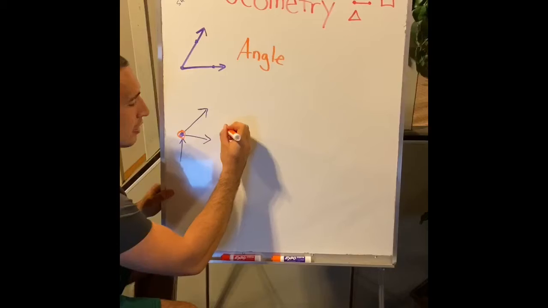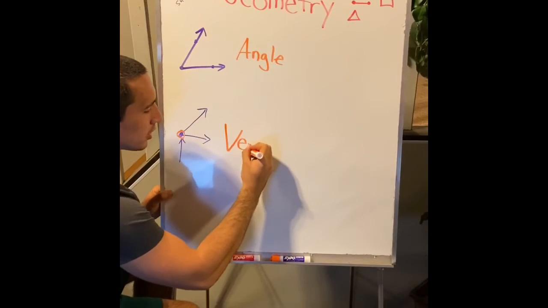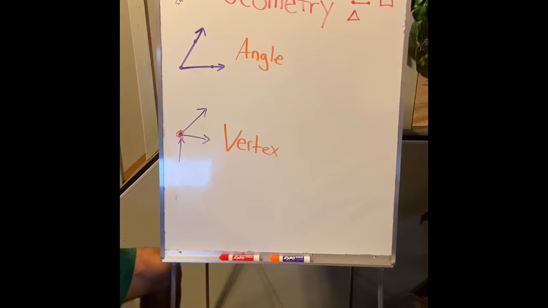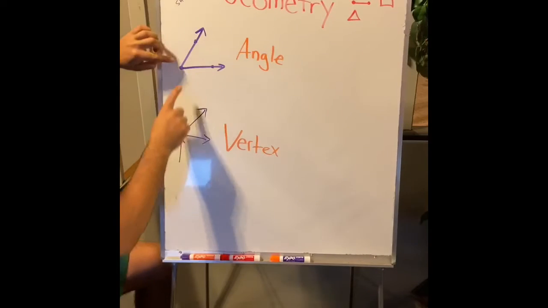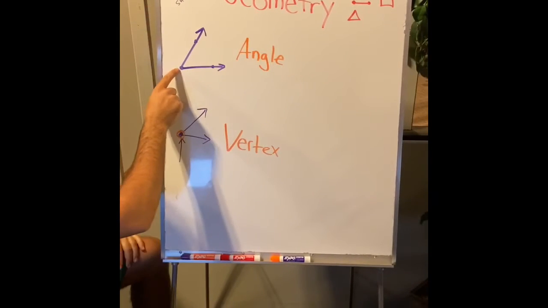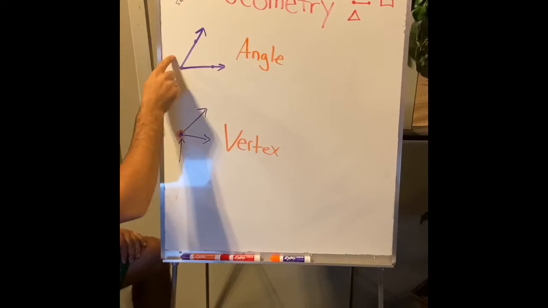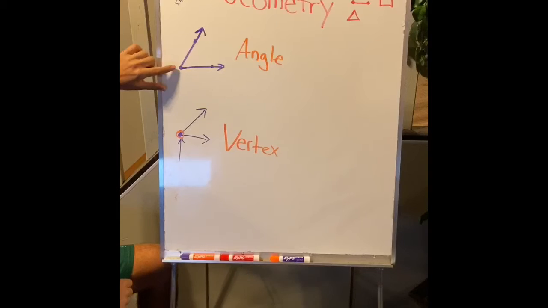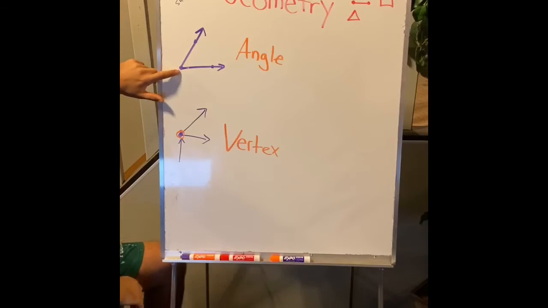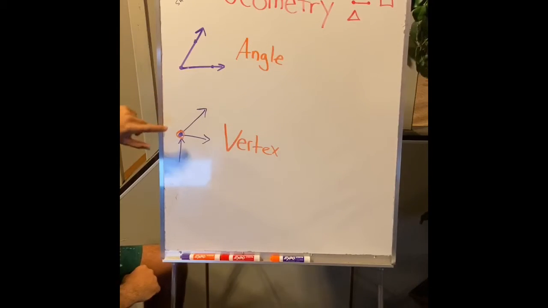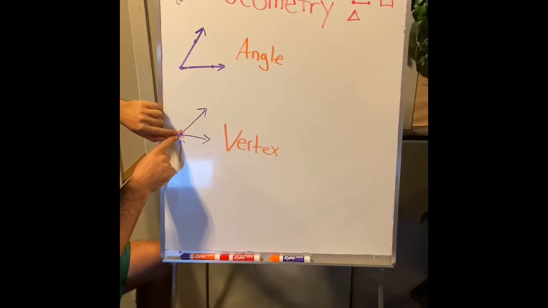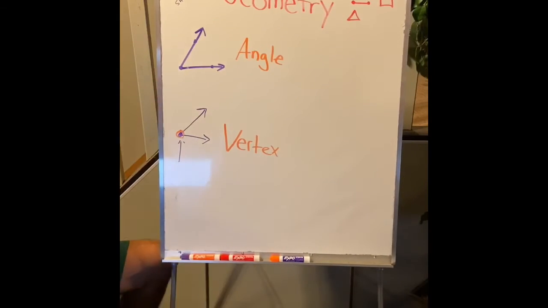This is called a vertex. So we look back, an angle is 2 rays: endpoint, line that continues on, endpoint, line that continues on. So this is two rays that share the same endpoint. And the vertex is where two rays meet. So they meet in the corner or where it makes the angle.